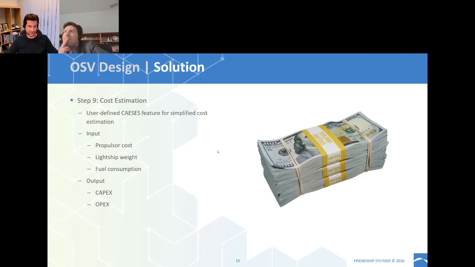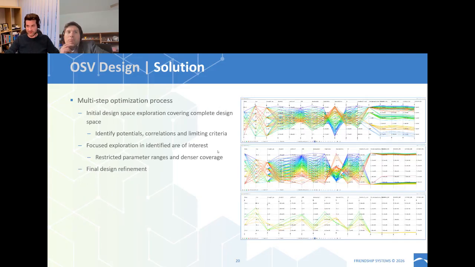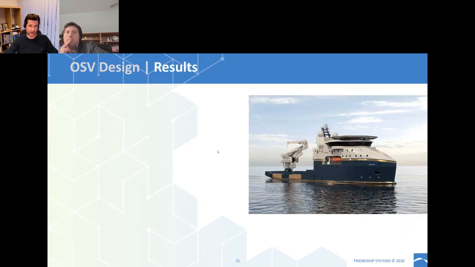Construction cost is estimated from the lightship weight and the selected propulsors, and the operational costs purely based on fuel consumption here. And this goes through a multi-step optimization process that goes into different steps of refinement until it basically converges to an optimal solution for the given requirements.